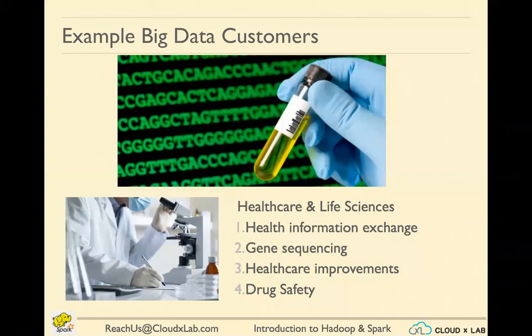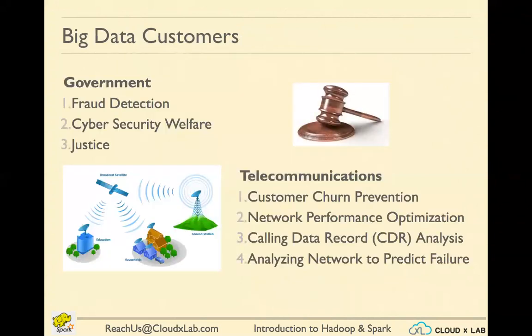The third one is healthcare improvements. In healthcare improvements, again, we need to understand the patient's behavior in more detail. And for that, we require big data systems to keep all of that data intact. The fourth one is drug safety. For drug safety, we do that A/B testing that we just talked about.